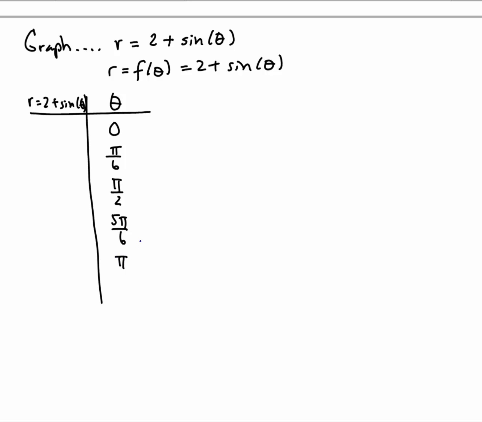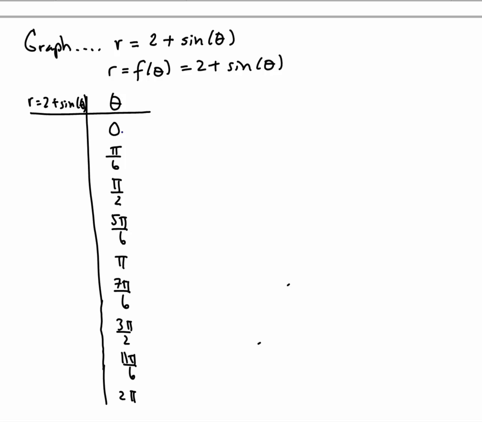So then I'd be at pi, 7 pi over 6, 3 pi over 2, pi over 6, and then I'm back to 2 pi. Again, I just chose these values because they're easy for me to evaluate and graph, because it's hard to graph square root of 2 over 2 or something like that.